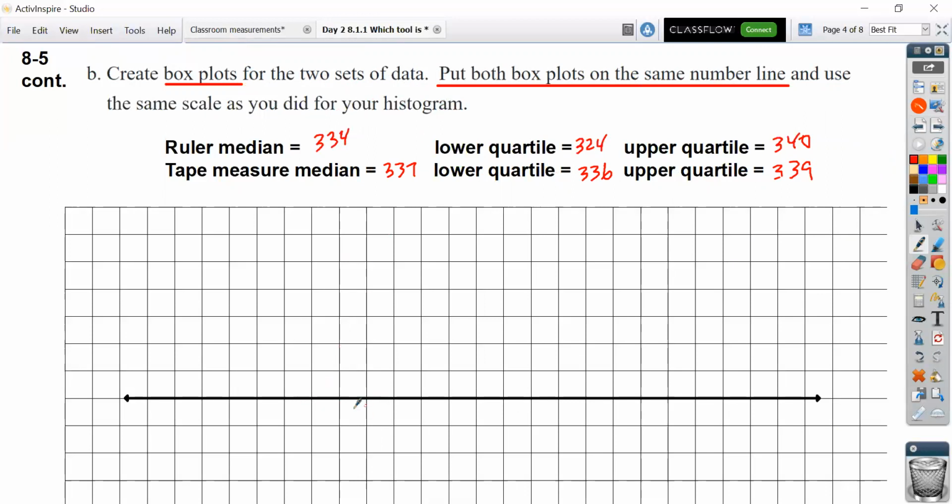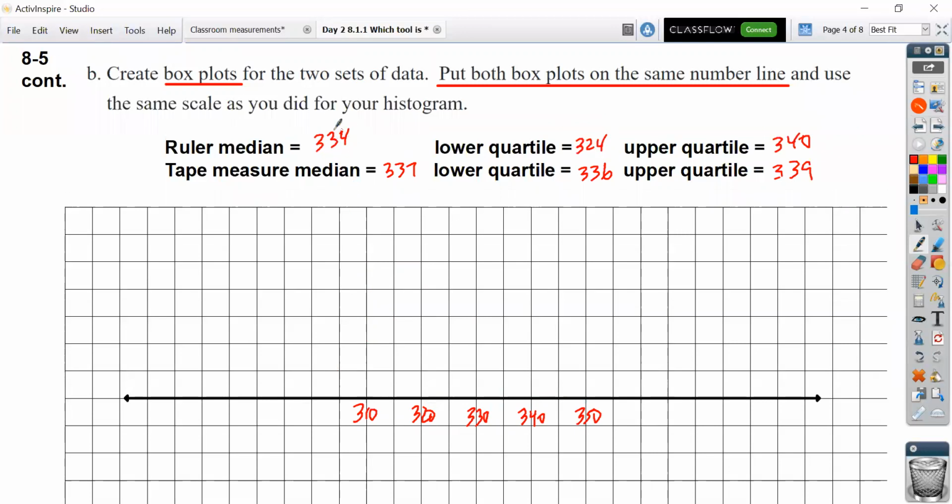So if I call this 310, 15, 20, 30, 40, 50, these are going to be kind of close and small little box plots. So let's do the ruler data on top here.